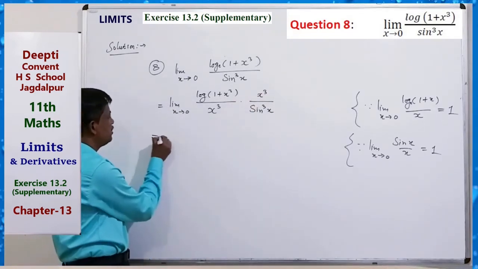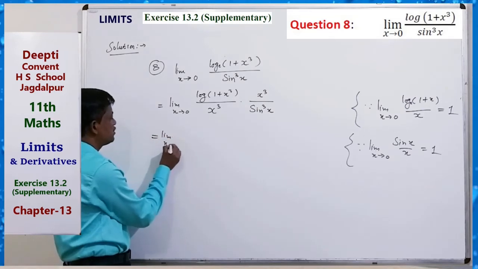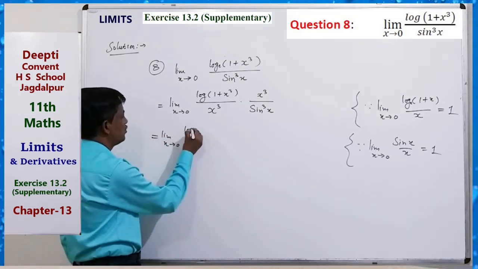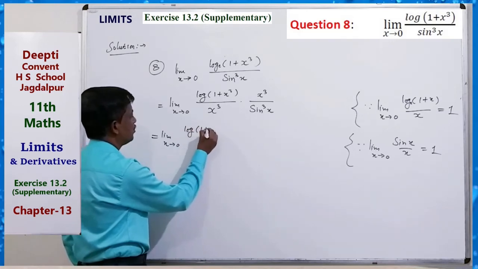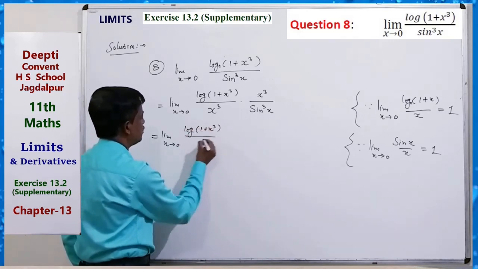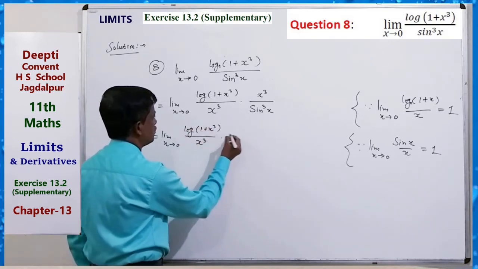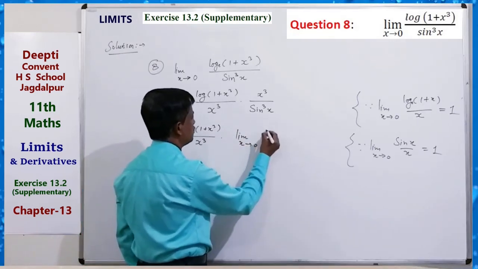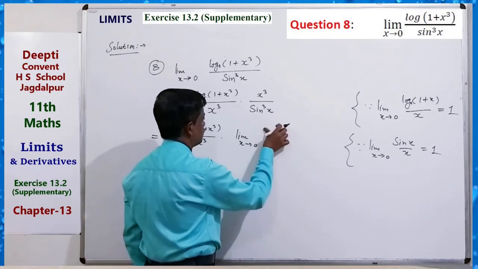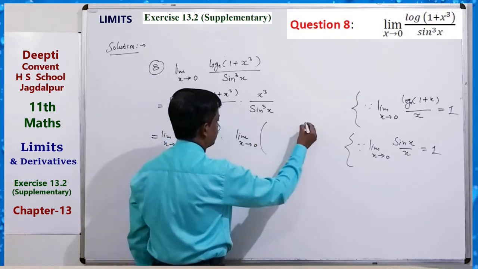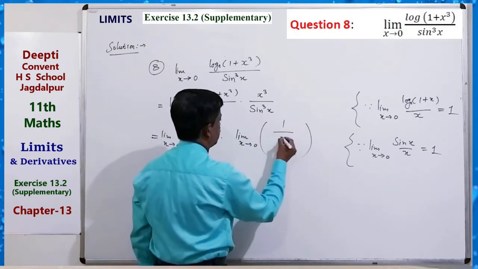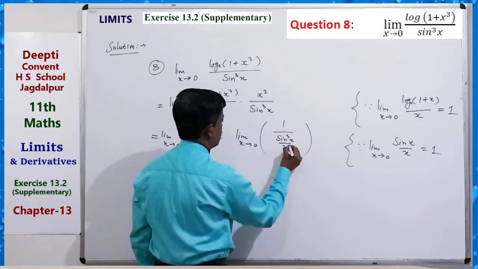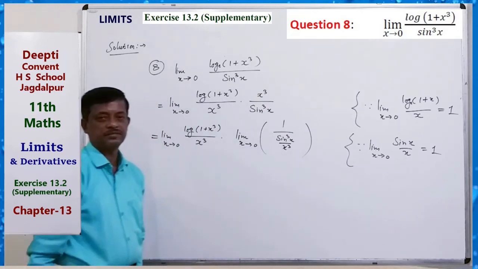Now separate the limits: limit x tending to 0 of log of (1 plus x cube) upon x cube, and limit x tending to 0 of 1 upon (sin x upon x) cube.